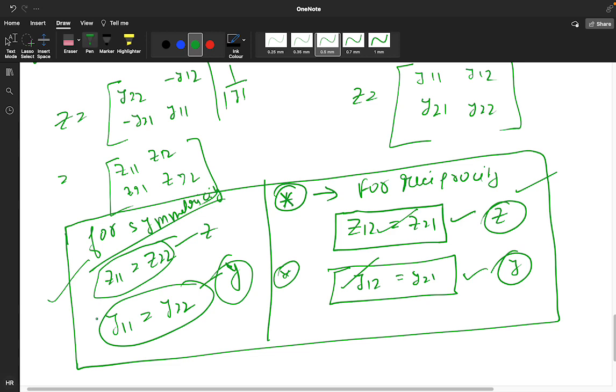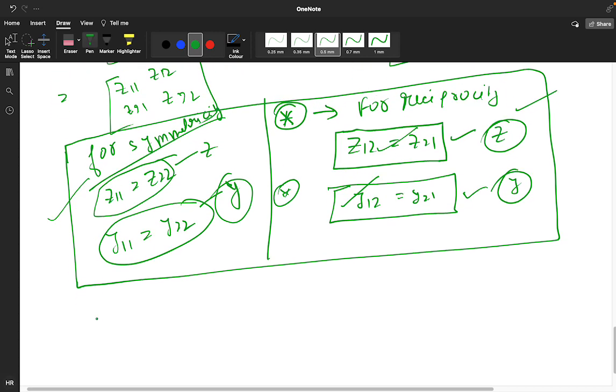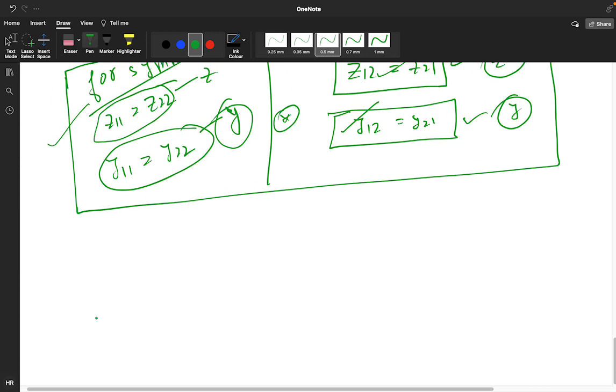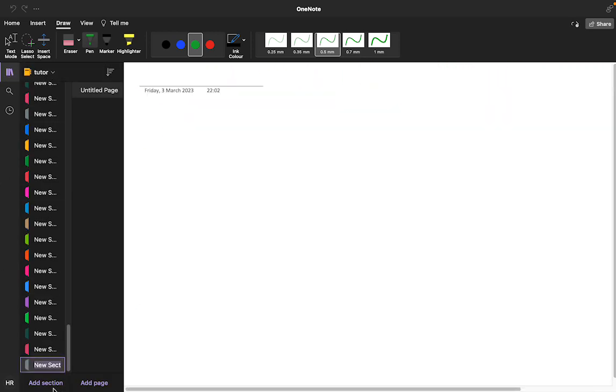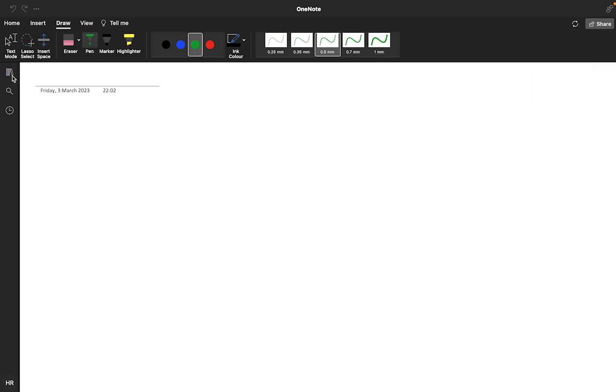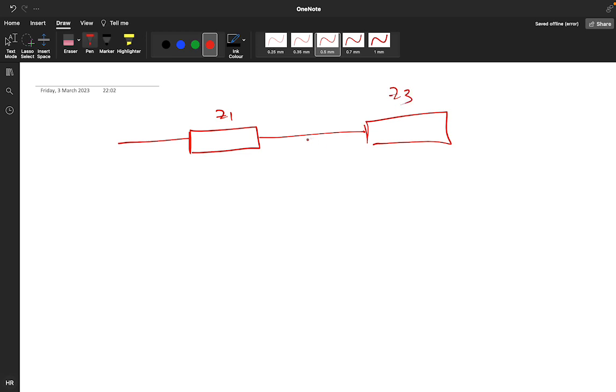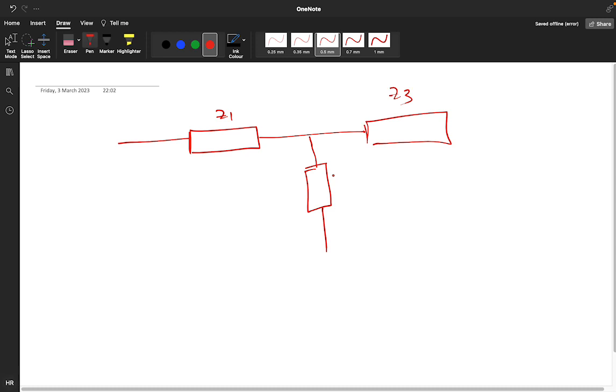Okay, so from this, make one diagram. Let me give you, suppose you have a T network. This is Z1, this is Z3, and this is Z2.